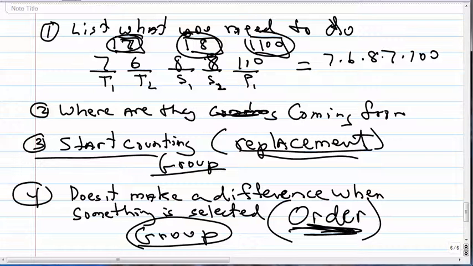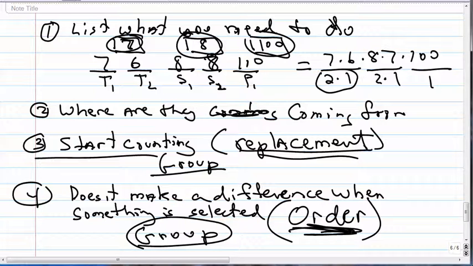Likewise for the parents. Well, if we don't have order, suppose we're just choosing 2 teachers for a field trip, 2 students for a field trip, 1 parent for a field trip, then we would not care about the order of the teacher. We would not care about the order of the students. And, well, we would not care about the order of the parent. We're only picking 1.